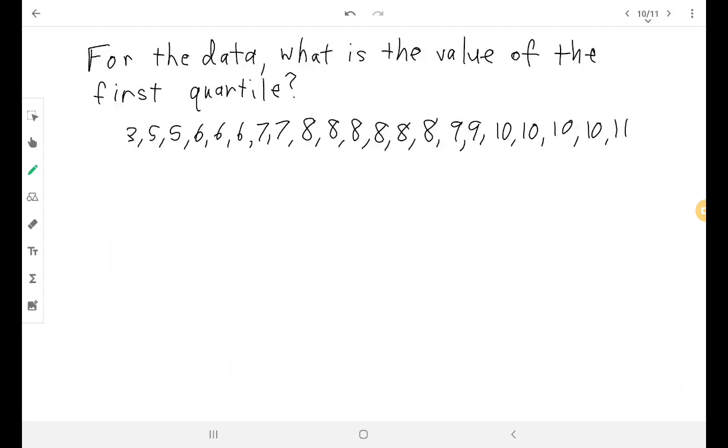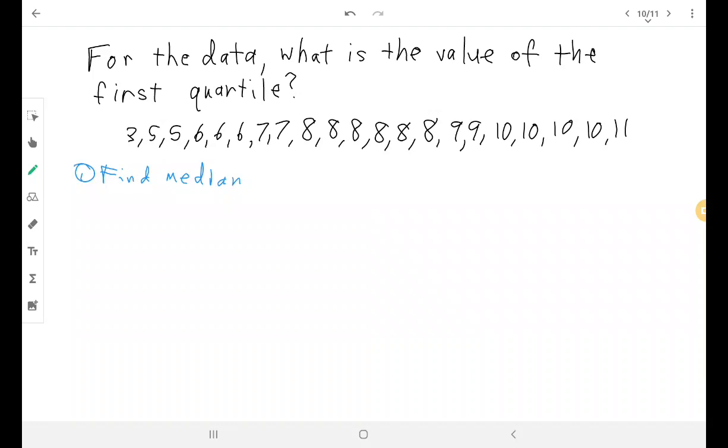All right, for the data, what is the value of the first quartile? Okay, so how do you get that Q1 value, that first quartile value? First of all, you've got to count all of these and find the median. So let's start by finding the median.